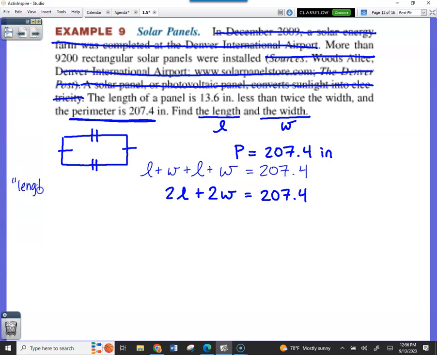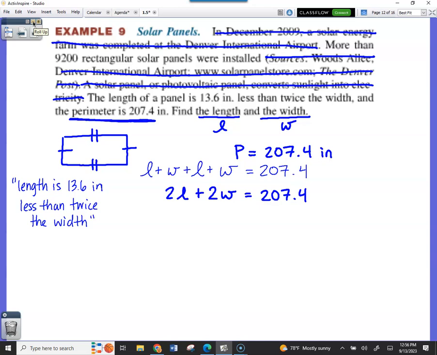I'm going to rewrite it right here. You don't have to if you don't want to. 13.6 inches less than twice the width. I want you to know where this comes from that I'm about to write.